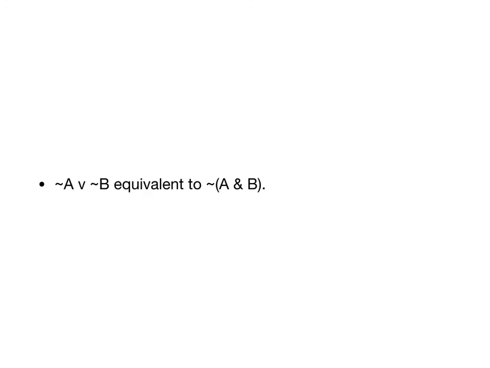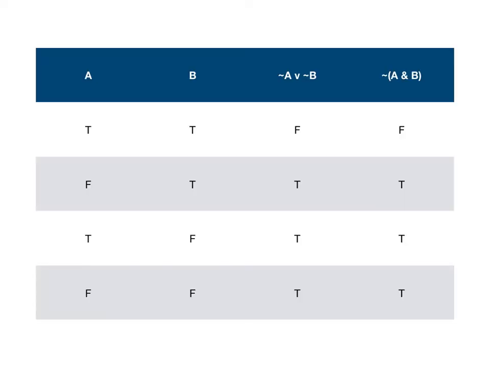One more example, not A or not B is equivalent to not (A and B), right? Again, when you think about this, all that needs to be the case for not A or not B to be true is that either A or B is false.